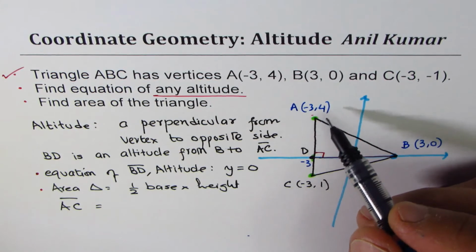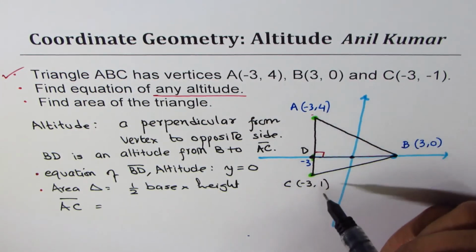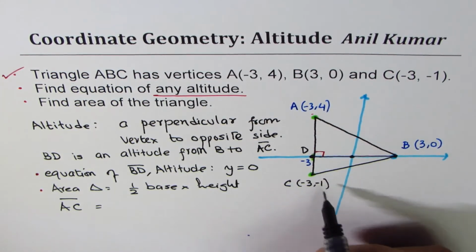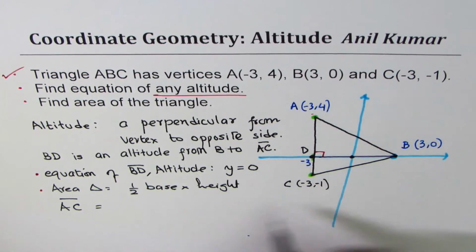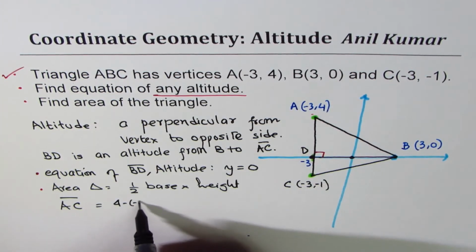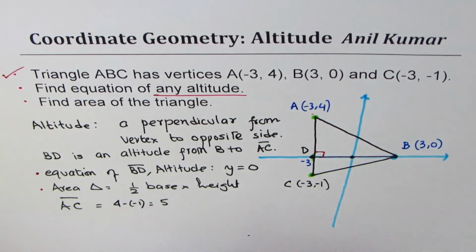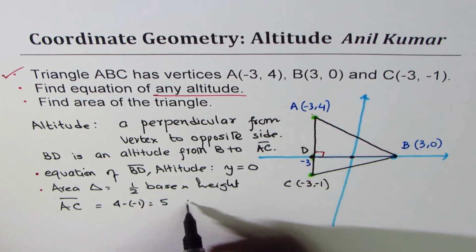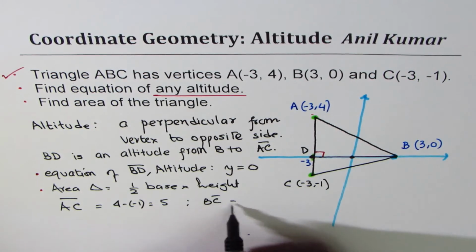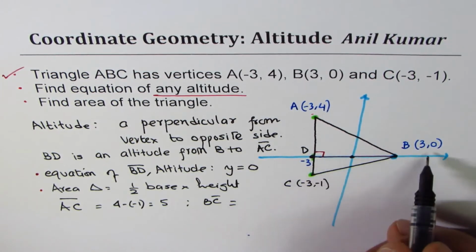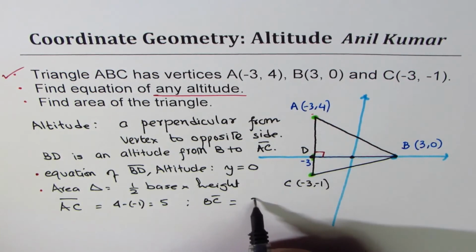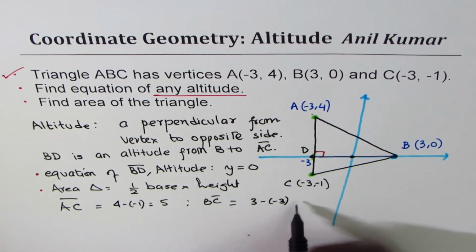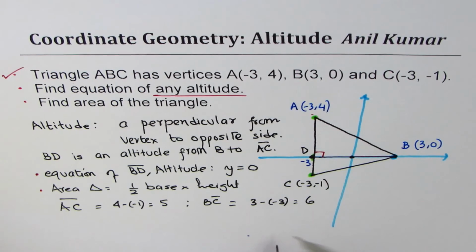It doesn't require calculations. 4 minus, this was minus 1, sorry for that. 4 minus minus 1 is AC. So AC is 4 minus minus 1, which is 5. And the length of BD, I should say, is 3 minus minus 3, which is 6.